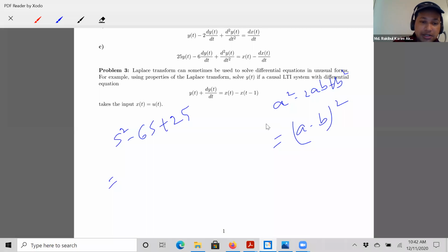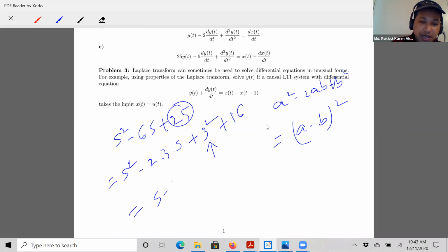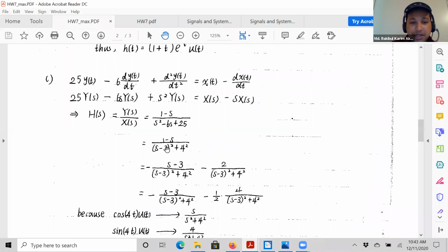So s square minus 2 into 3 into s plus 3 square. But there is 25 and you have here 9, so you need something more. That is 16, right? So that is s minus 3 whole square plus 16, which can be written as 4 square. So everything here is s minus 3 square plus 4 square.